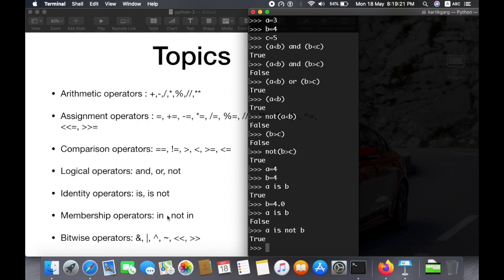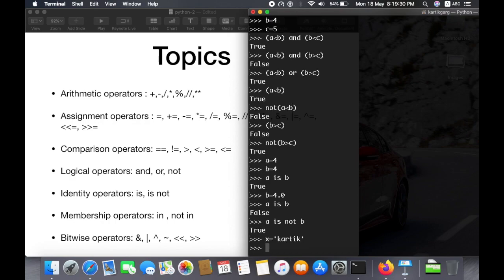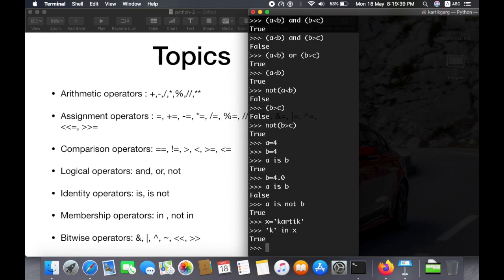Moving on to next, membership operators. Okay, now if I have a string of characters like this, and I want to check for k in string x, then I would do like this, true.